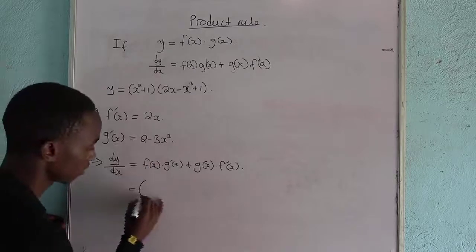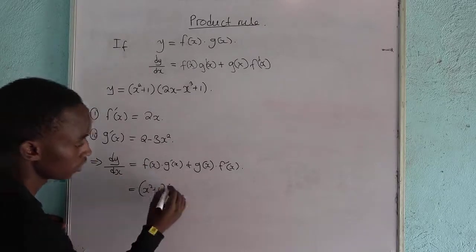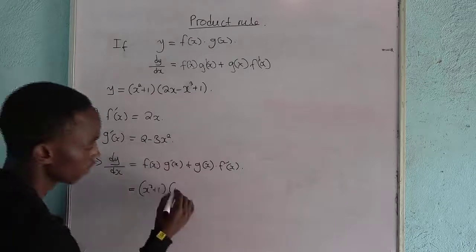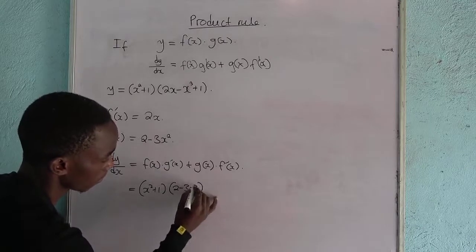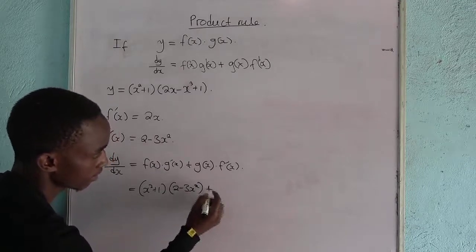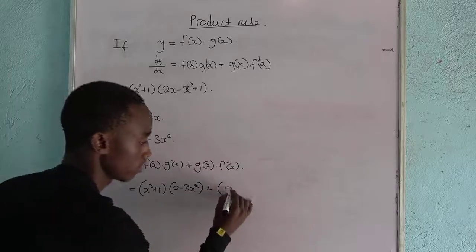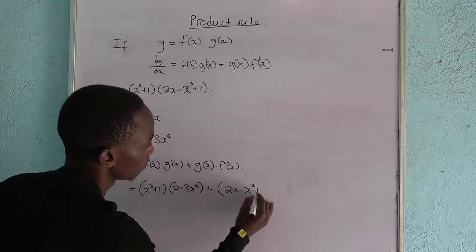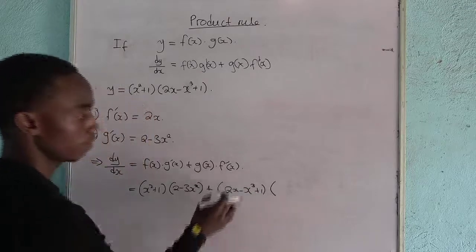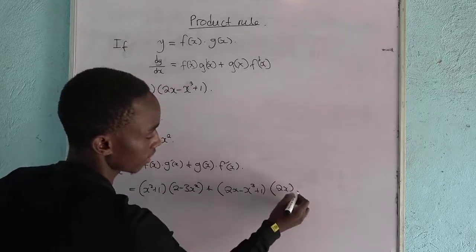F of x is given by x squared plus 1, close. Then g prime of x is 2 minus 3x squared, close. Then plus g of x. What is g of x? G of x is this function here, which is 2x minus x cubed plus 1, close, open, f prime of x, which is 2x like that.